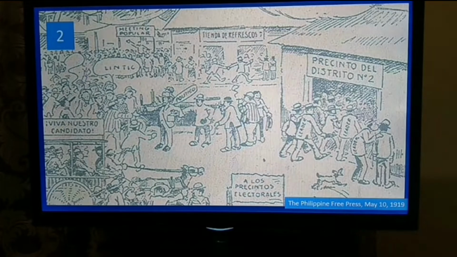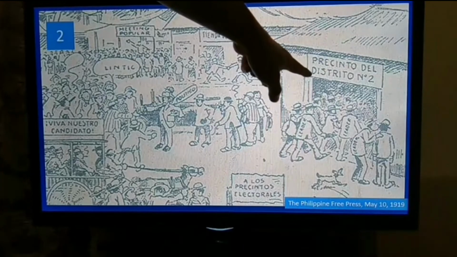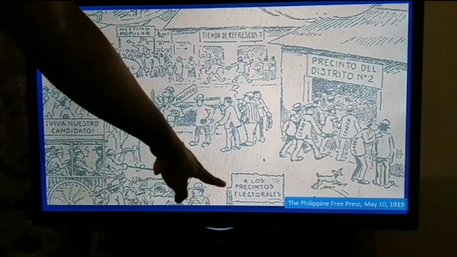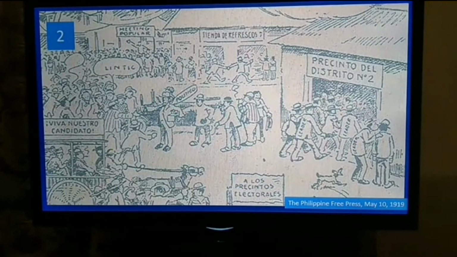So you can see here, Precinto del Distrito Número 2. What could that be? A los precintos electorales. I know you can understand Spanish. How about this one? Viva nuestro candidato.